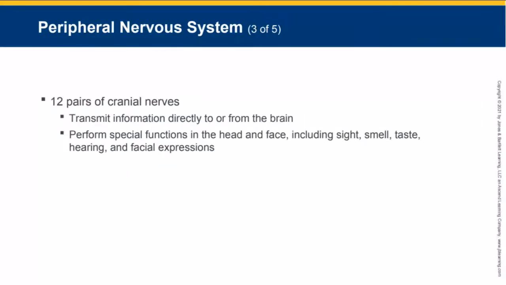We have 12 pairs of cranial nerves, and they transmit information directly to or from the brain, and they perform special functions in the head and face. Some of these functions include sight, smell, taste, hearing, and facial expressions.